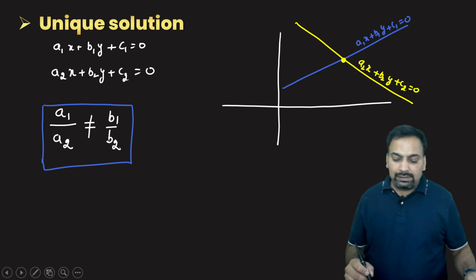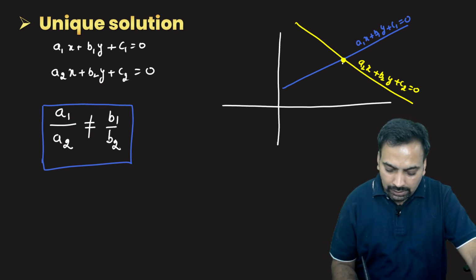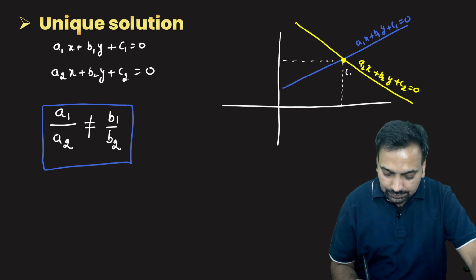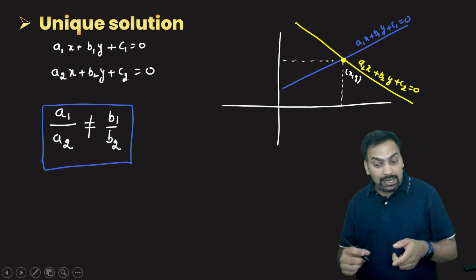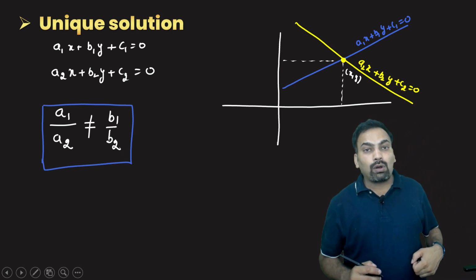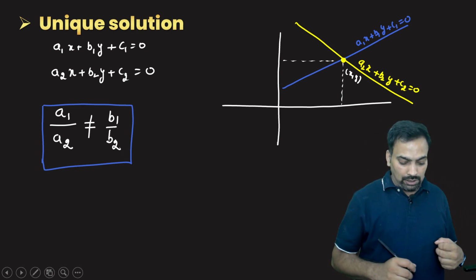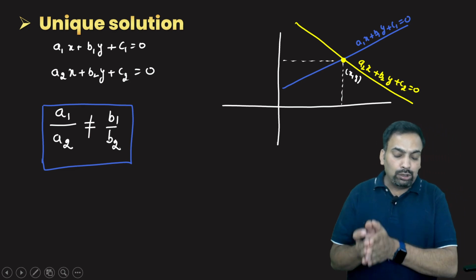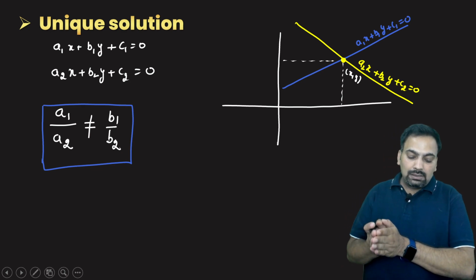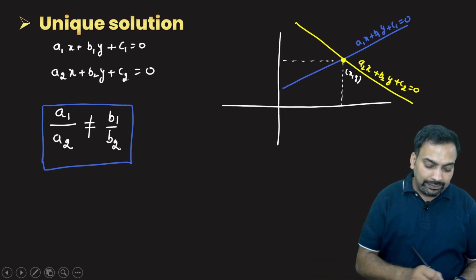So where they intersect here, let's call this point, the coordinate is x comma y. So this x comma y satisfies both equations, and this is called the solution of this equation. Okay, this is the unique solution. And the graph is what, intersecting.